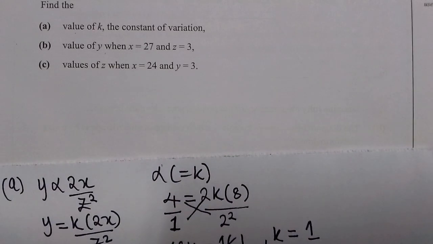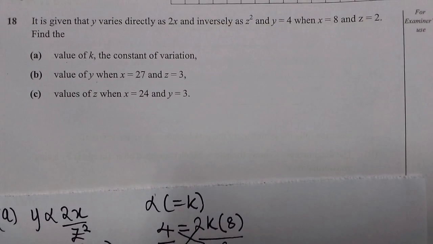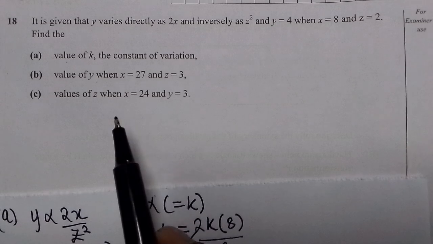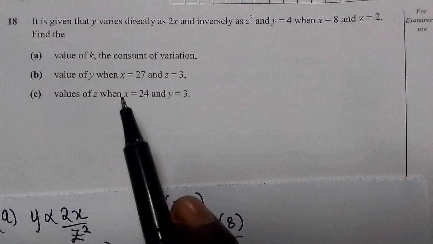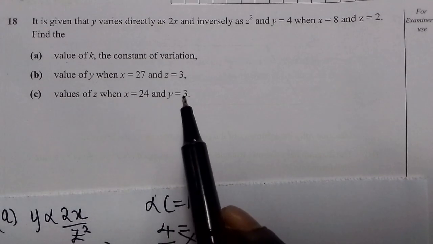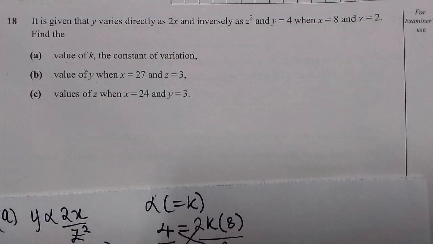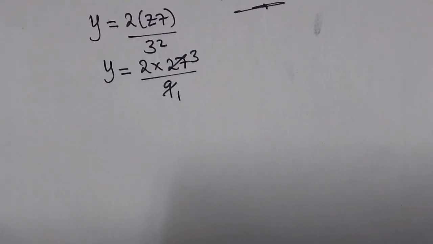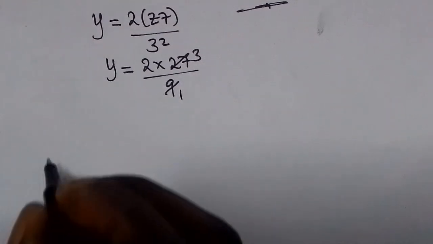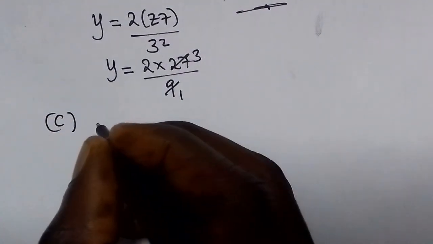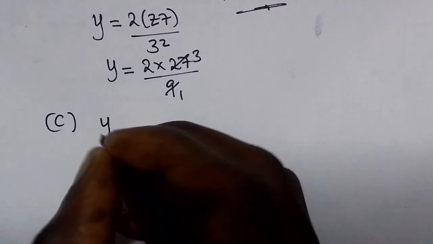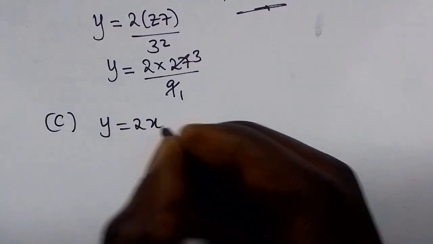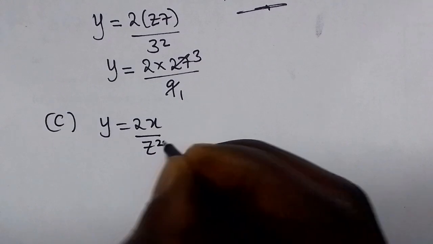So now on C, we are saying find the values of z when x is 24 and y is 3. X is 24, y is 3, so we want to find the values of z. For C, we're going to use the same equation, y equal to 2x over z square.